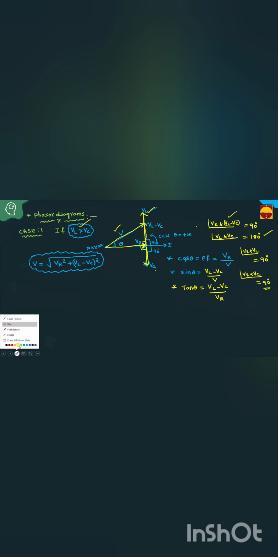Can you draw the impedance triangle? For case 1, I am drawing the impedance triangle, assuming XL greater than XC. Here VL is greater than VC, which means I into XL is greater than I into XC.